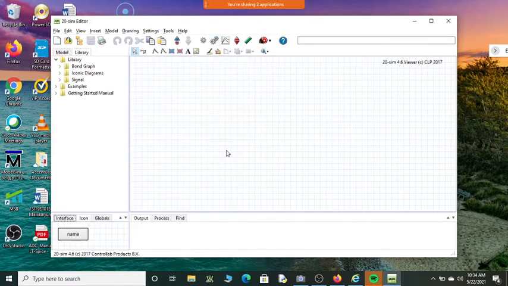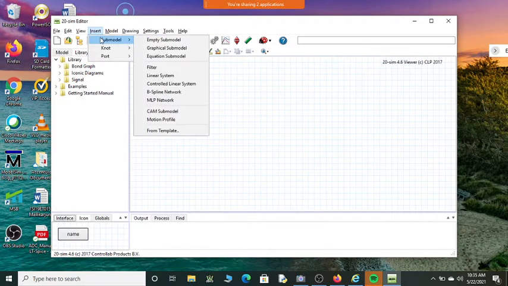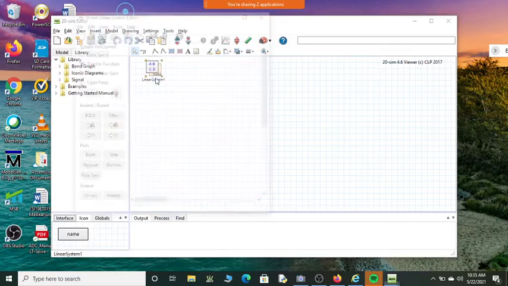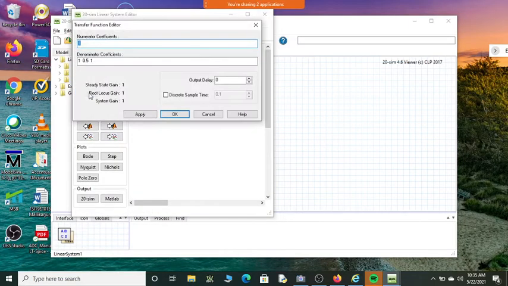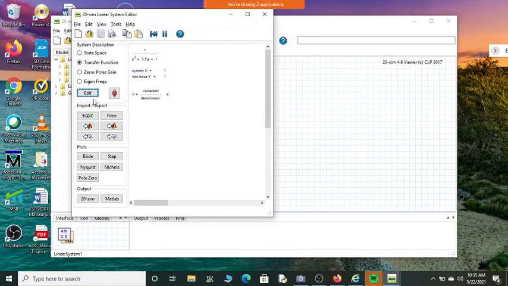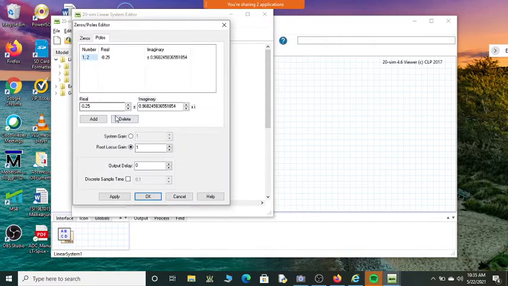Could you install 20-sim and start doing it? Maybe we can start now because we are done with the test systems. I'll show you how to edit the transfer function later, because now we have the poles and zeros located at so and so position.